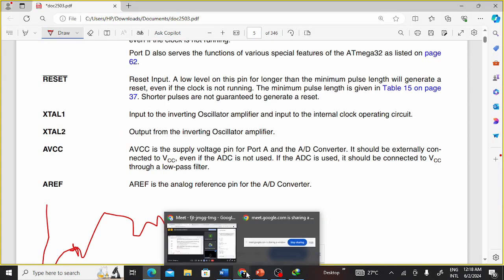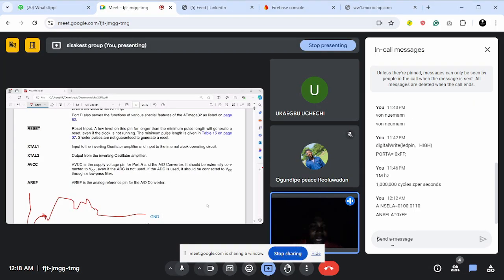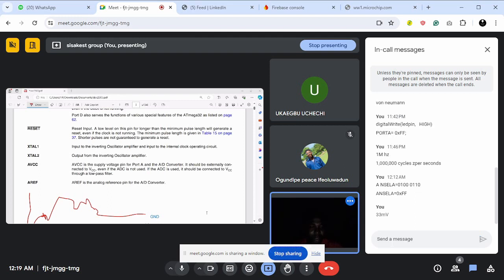I'm still going to put numbers into this so that I can put perspective into this. So let's say what it gives me is 33 millivolts. When you feed 33 millivolts into the ADC, let's use an 8-bit ADC, it will give you 1 0 0 0 0 0 1.